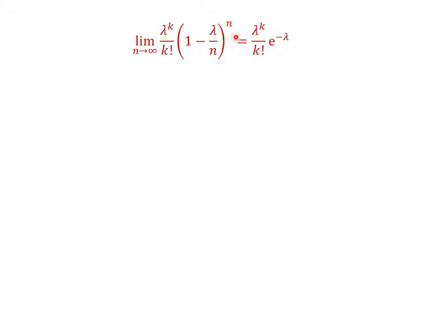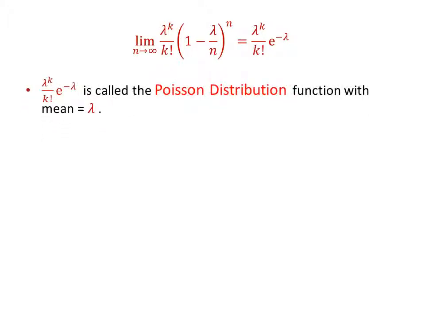And everyone should recognize that as n approaches infinity, this particular expression approaches Euler's number to the negative lambda power. Remember, Euler's number is approximately 2.71828. And now we are done.